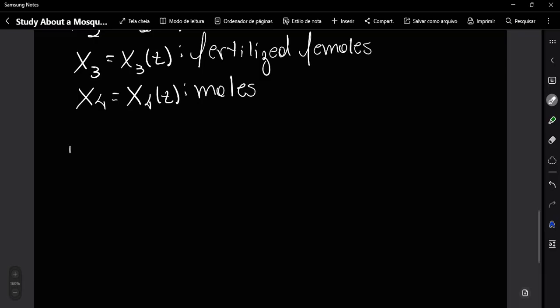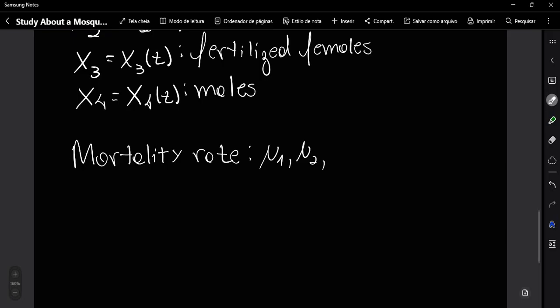So the mortality rate associated to each phase of the development of the mosquito is respectively mu 1, mu 2, mu 3, and mu 4 for each phase of the development of the mosquito. So this is for x1, x2, x3, and x4.